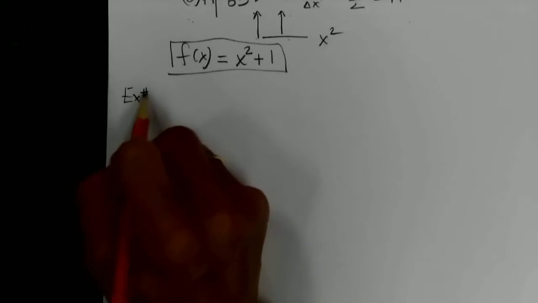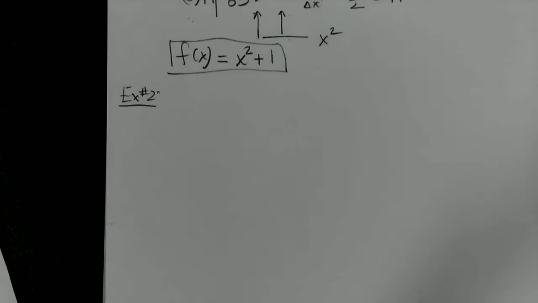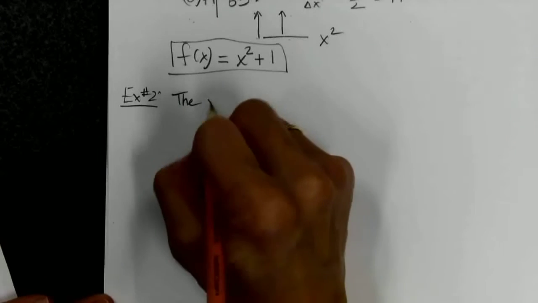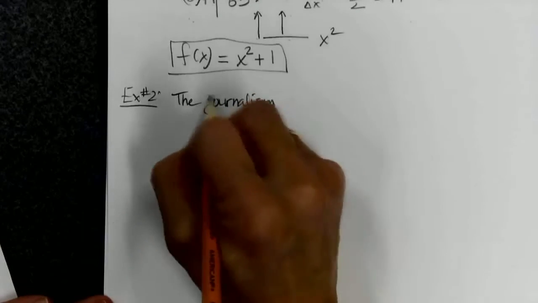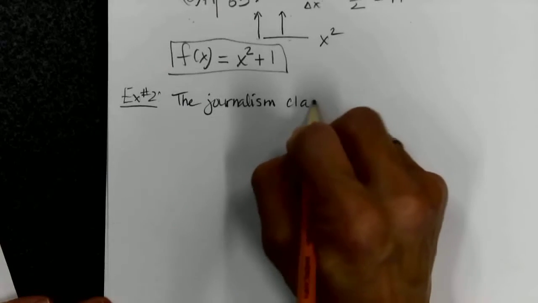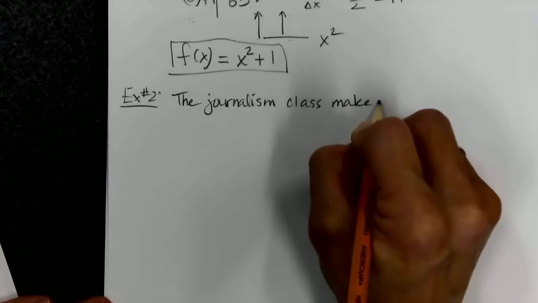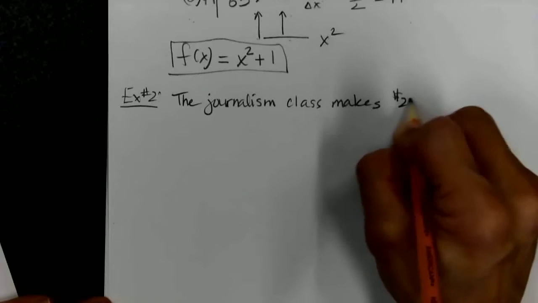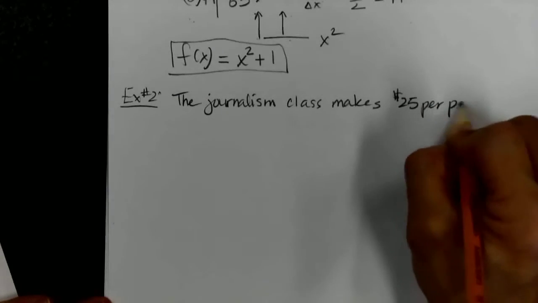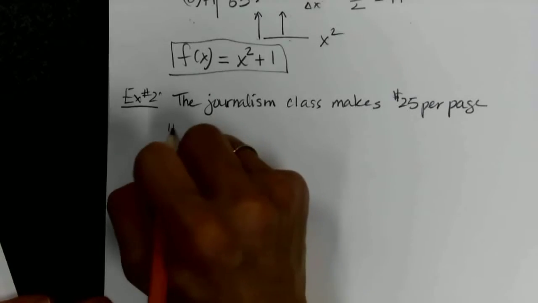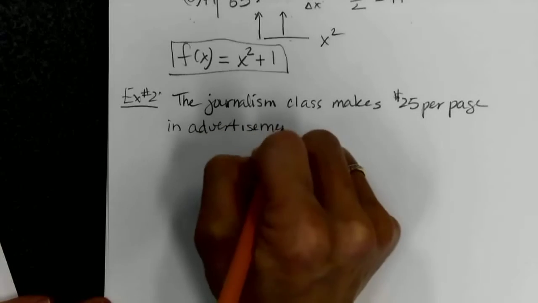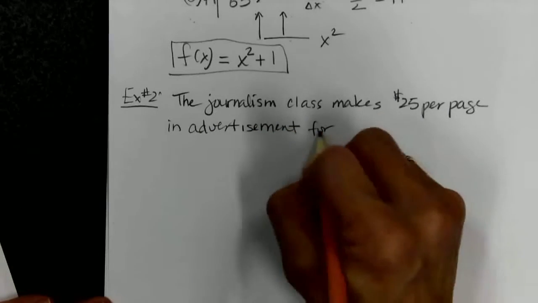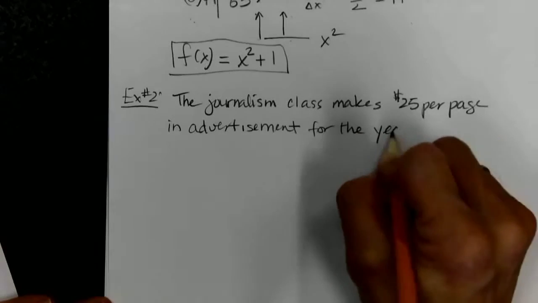In example number 2, I'm going to give you a word problem. The journalism class makes $25 per page in advertisement for the yearbook.